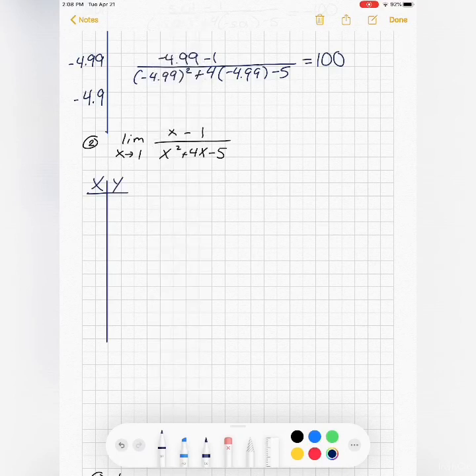Okay, so now values close to 1. So I don't know, 0.9, 0.99. I need some on the other side. Start with those, say. Okay, so what is this one? It's 0.9 minus 1, 0.9 squared plus 4 times 0.9 minus 5.